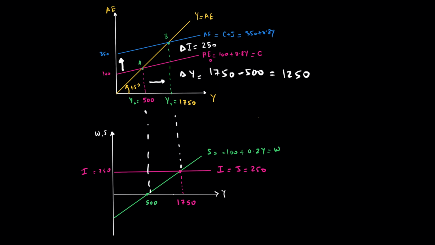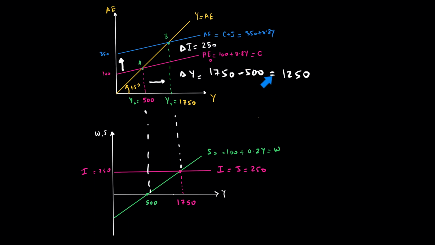Now what we want to know is basically, why did this happen, that when we increase our investment by 250, our GDP went up by much more than 250. In fact, it went up by 250 times 5, which is equal to 1250.